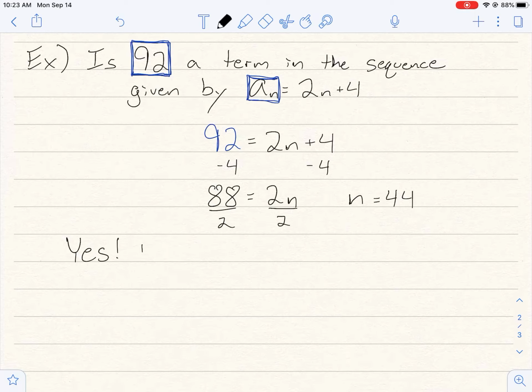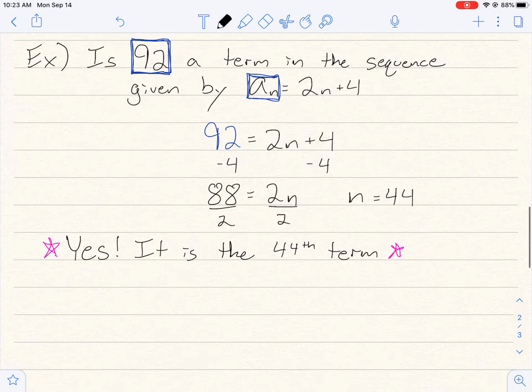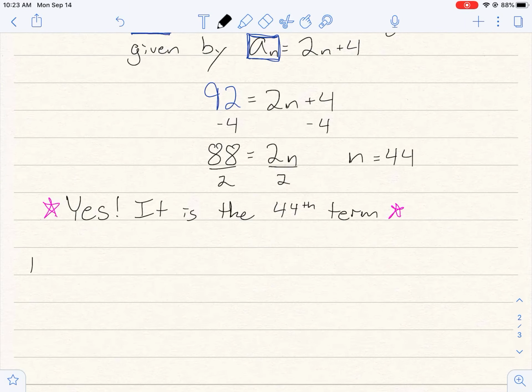Yes, it is the 44th term. 92 is the 44th term in our sequence here. So if you were to plot the first 40 terms of this list, you would see that 92 is in there. Now, another example, and we're going to compare and contrast how these come out here.